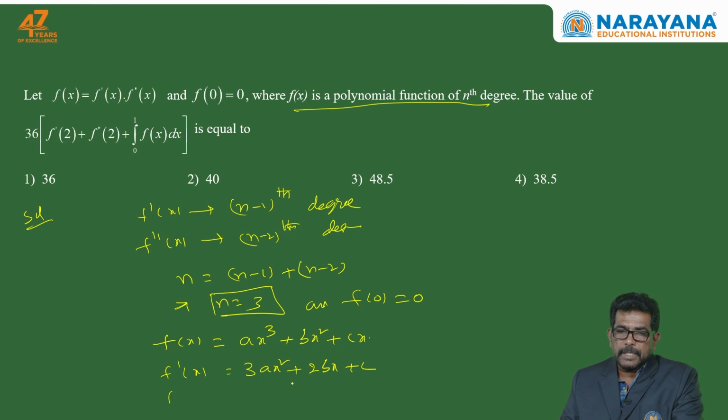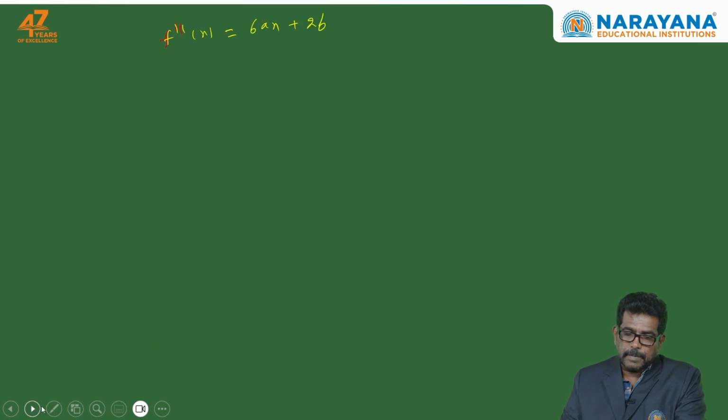Then f dash of x becomes 3ax square plus 2bx plus c, and f double dash of x becomes 6ax plus 2b.